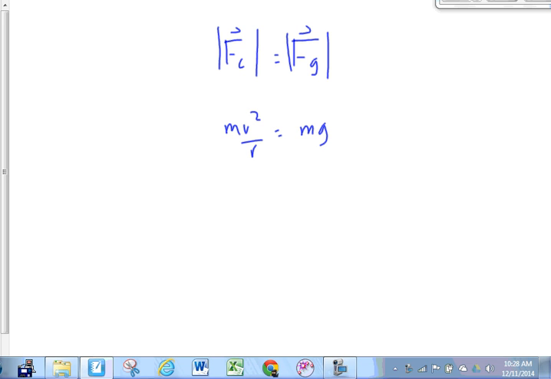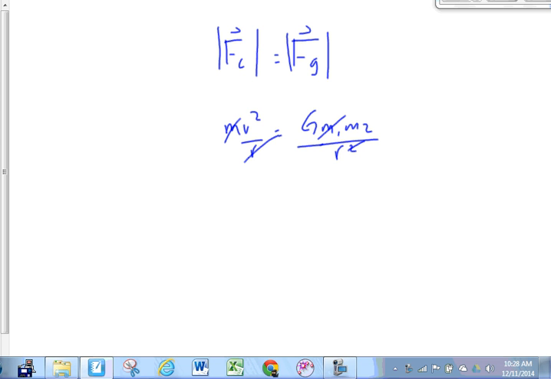The only problem is that we don't know what little g is for most places, only if it's actually on the surface of the Earth. So we're going to change that equation. Instead of saying m times g, we're going to call it G m1 m2 over r squared. Now we're going to cancel out one of the r's, and we're also going to cancel out one of the m's. The mass that we canceled out was the mass of the satellite, the mass of the experiencer as it orbits around.